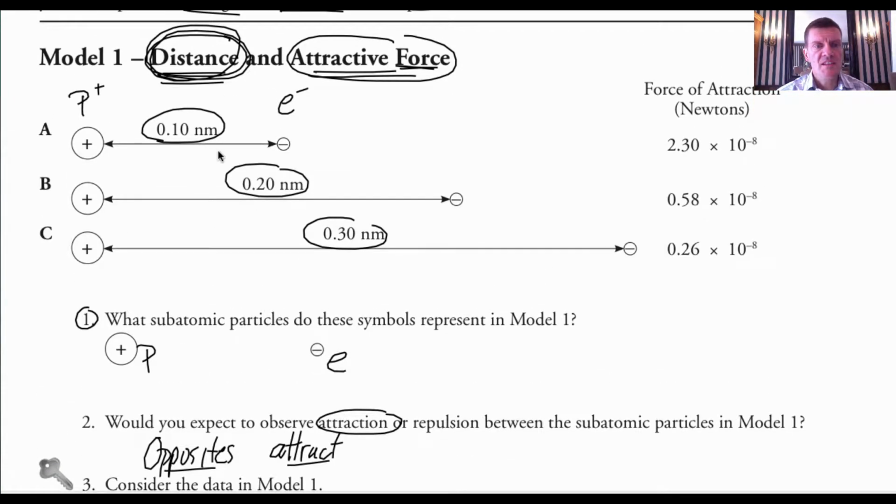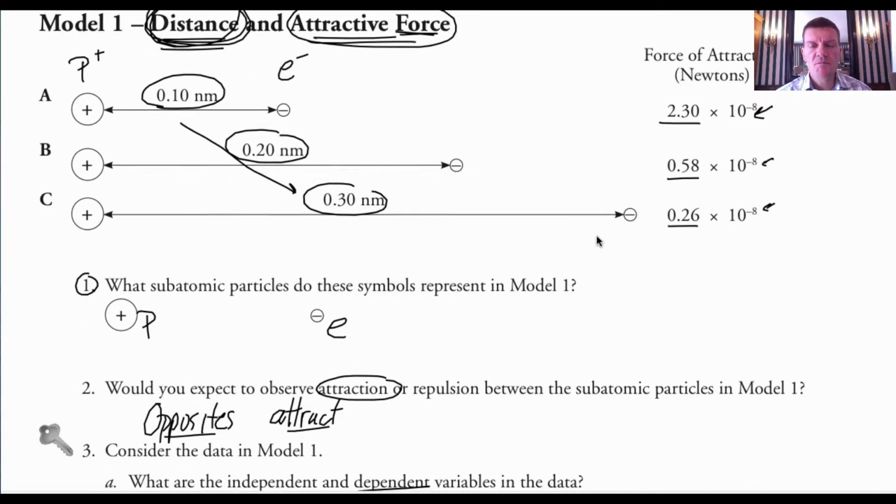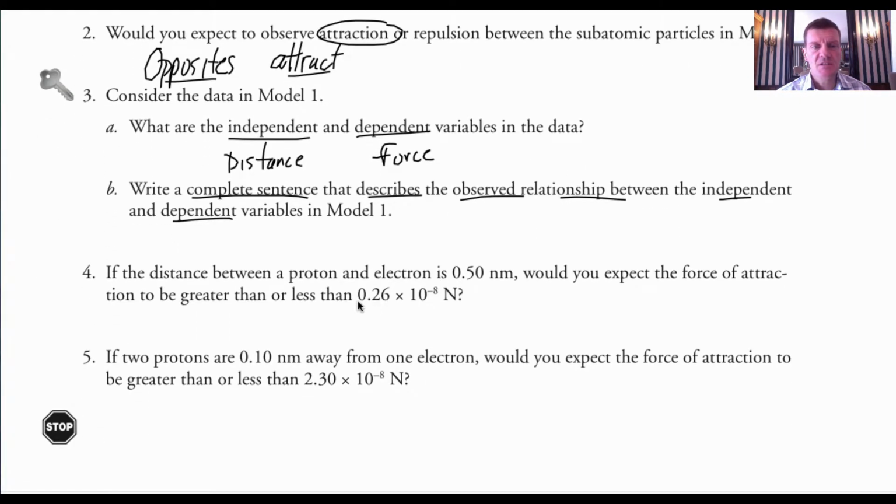As the distance increases, the magnitude is going from 2.3 to 0.58 to 0.26, all multiplied by the same power of 10. So the force is decreasing as the distance increases. As distance goes up, the force is going to decrease. That is an inverse relationship.